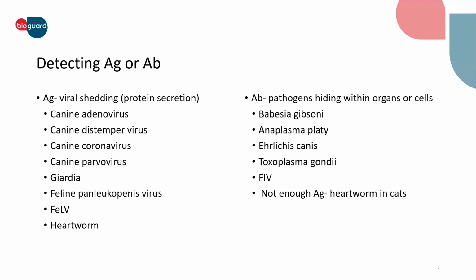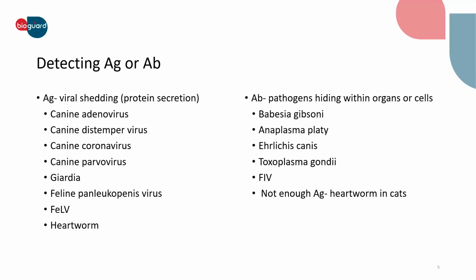The issue is more related to virus shedding or protein secretion, like in canine adenovirus, distemper virus, canine coronavirus, and parvovirus. Those viruses can shed from the feces, the nasal secretion, or ocular secretions, so it's easier to detect the antigen using the rapid test.